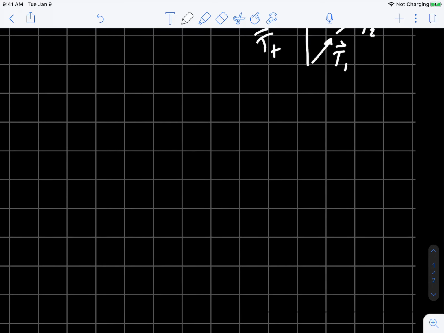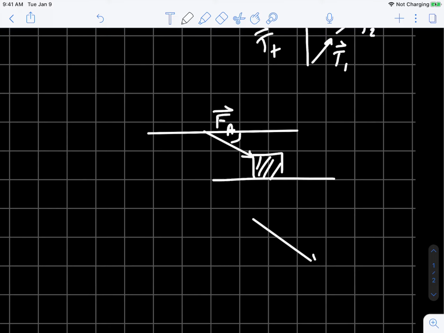And then the other one was when you were pushing an object on a surface. So we have an object, and you were pushing maybe down on the object with an applied force at an angle to the horizontal. So there's your angle. And we ended up breaking that component down into an Fx and an Fy direction.